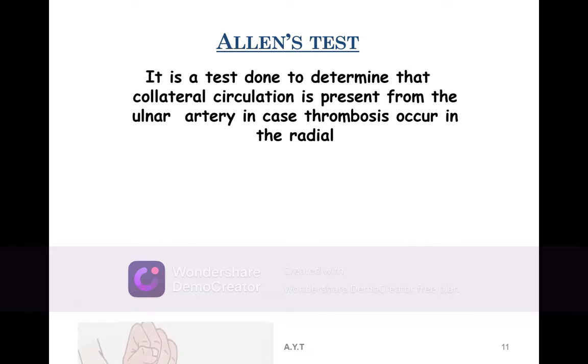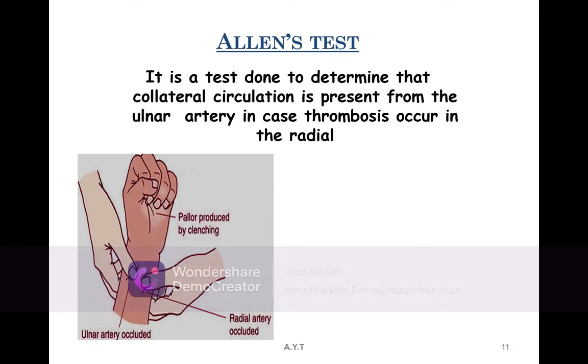Now, Allen's test is this. First of all, you block the ulnar artery with compression at the ulnar side and see whether the hand after 1 minute becomes pale, or rather becomes bluish in tinge.